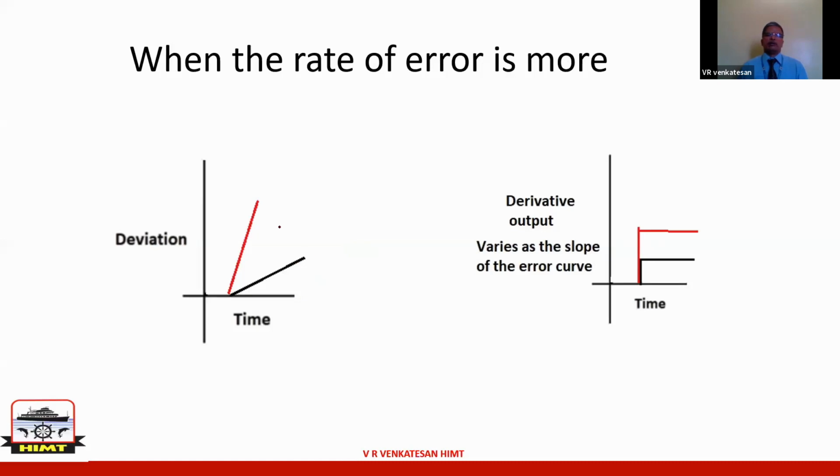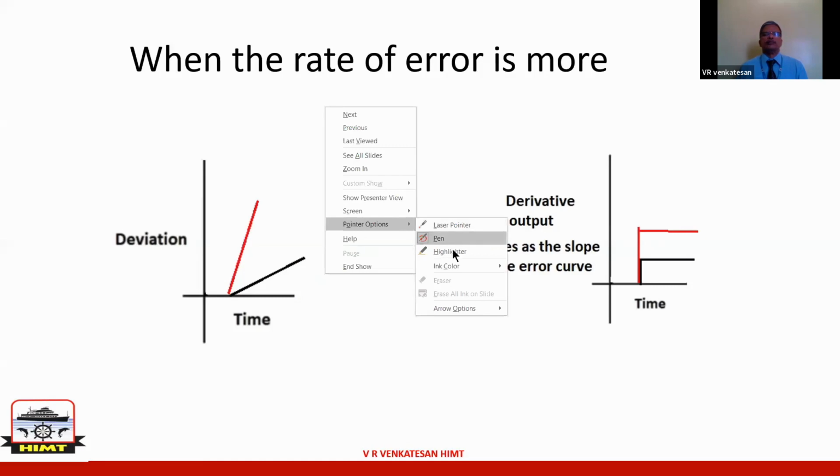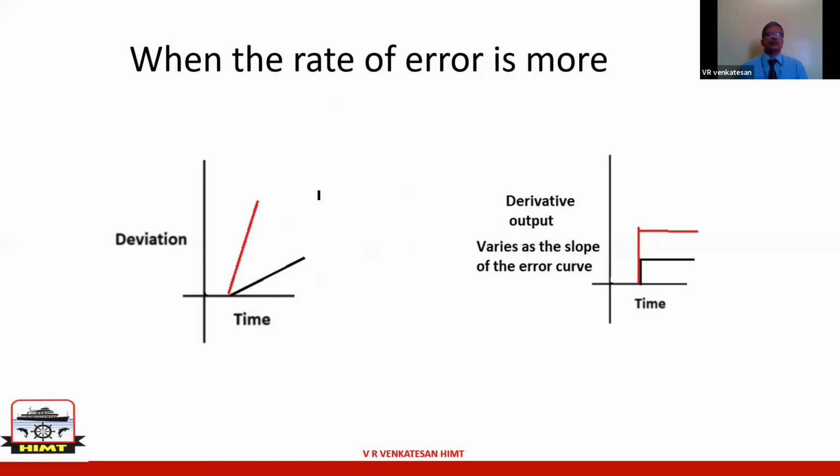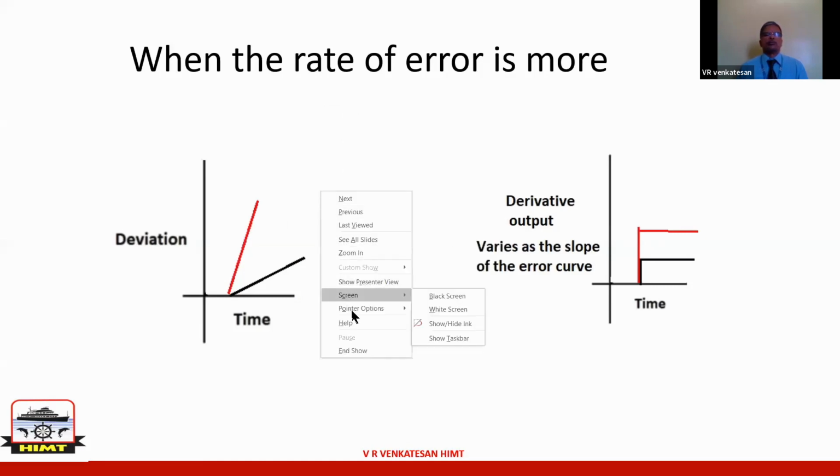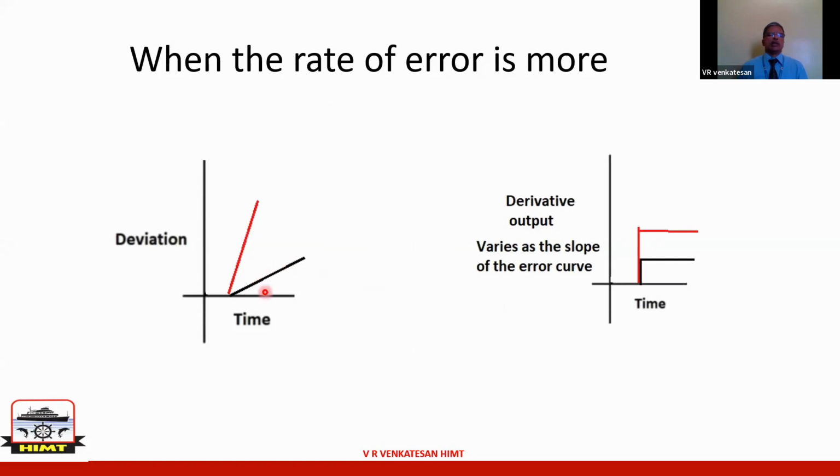Here again you see, if the rate of error is more, how does it react? Here the error is developing slowly. So what is the output you are getting? This much, shown in the black line. Here the error is rising fast.